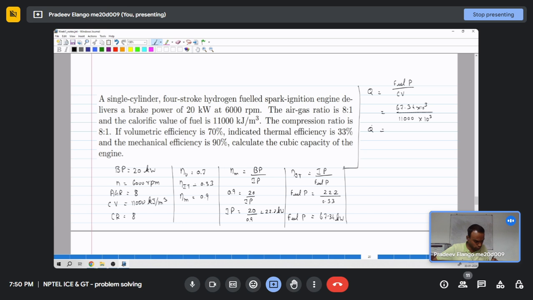So flow rate of fuel is 6.12 into 10 raised to the minus 3. Correct? 6.12, right?